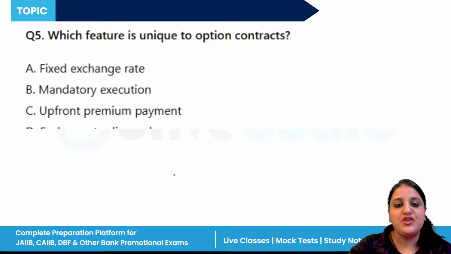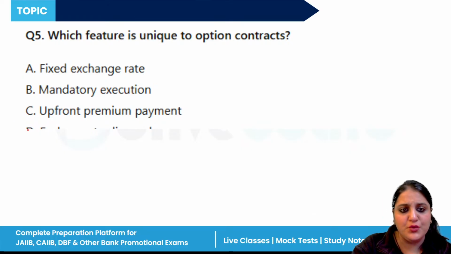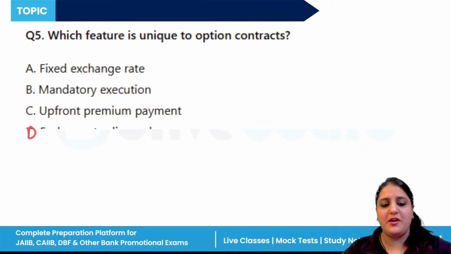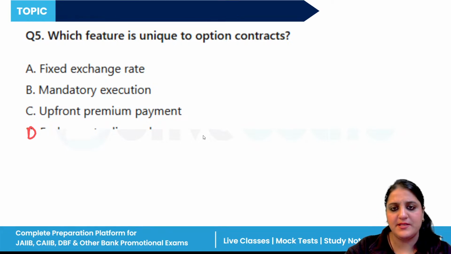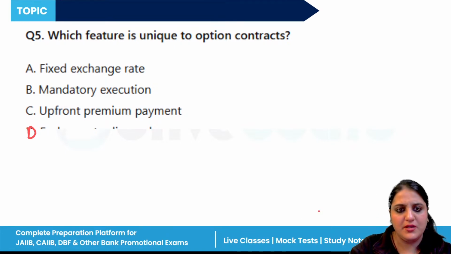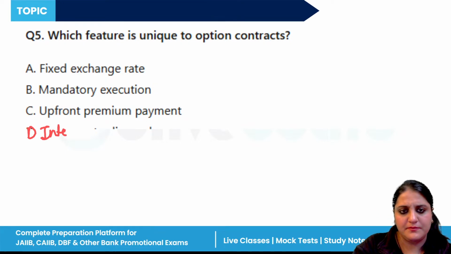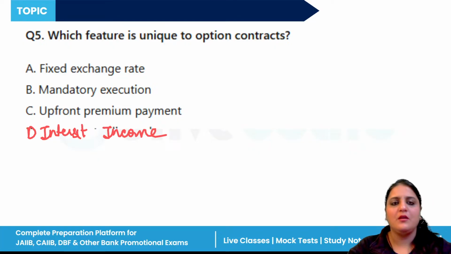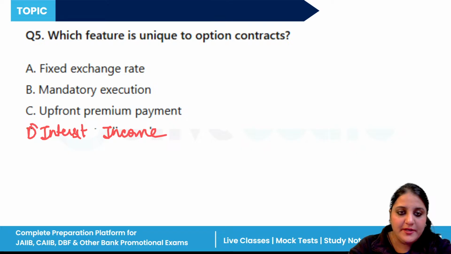Now, which feature is unique to option contracts? The fourth option here is interest income. Okay, option D is interest income.